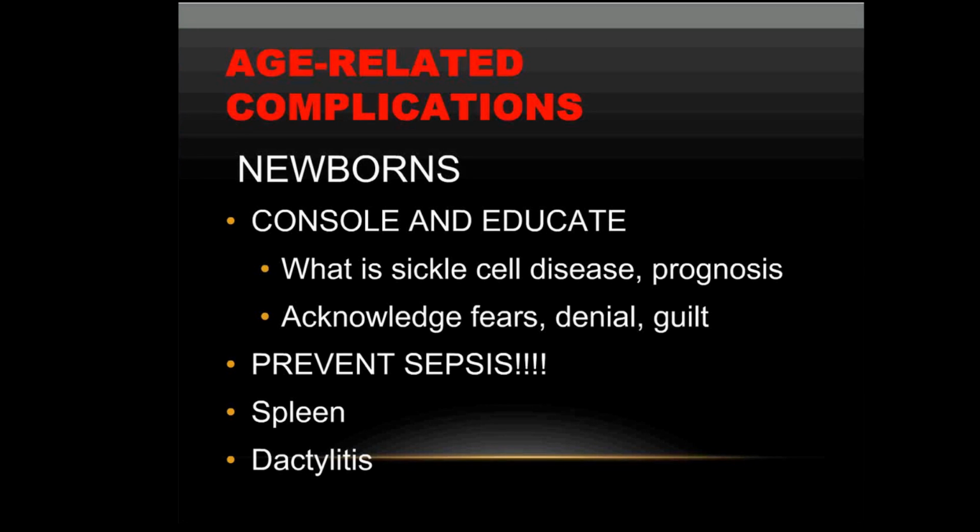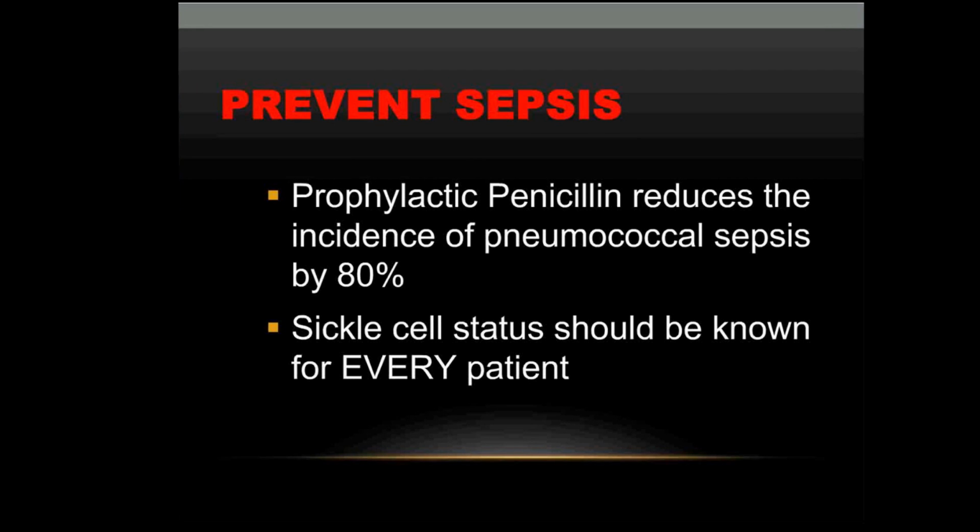We really need to make sure they recognize how to prevent sepsis. In all newborns, we're concerned about sepsis, but with patients with sickle cell disease, we're extremely concerned about it. We also want to talk to them about their spleen, and about dactylitis.